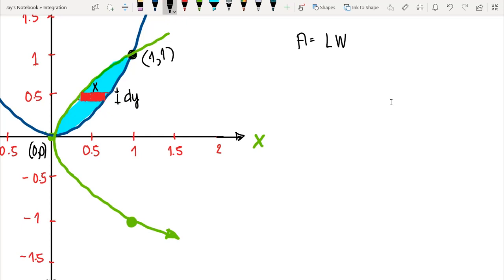Since the width varies along the y-axis and is infinitely small, we set it as the change in y. Therefore, our area is x dy.